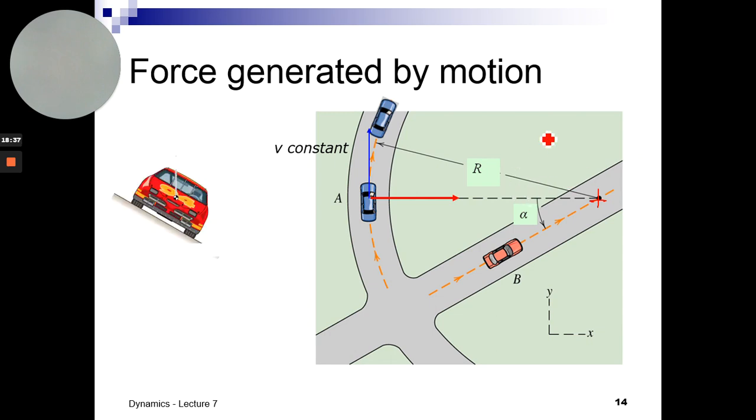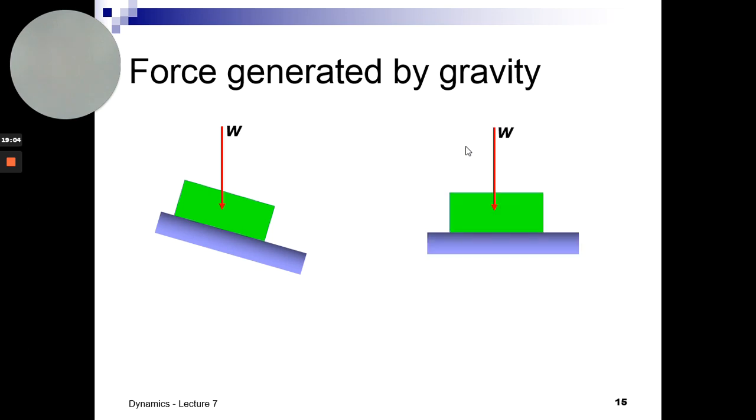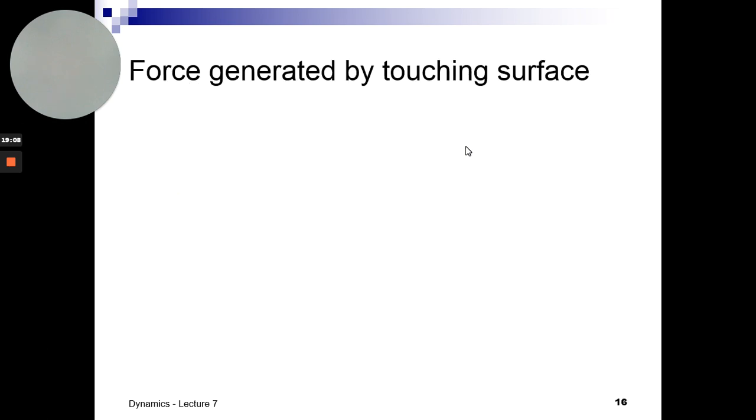Kalau you tengok pada kereta ni sebenarnya akan menghasilkan, jika dia bergerak pada curvilinear path, dia akan menghasilkan satu force acting to the curvilinear to the center of curvilinear path. Force generated by gravity is actually, this is a simple one. You know that there is a weight of the block, so that is the force generated by gravity. It's always vertical direction.